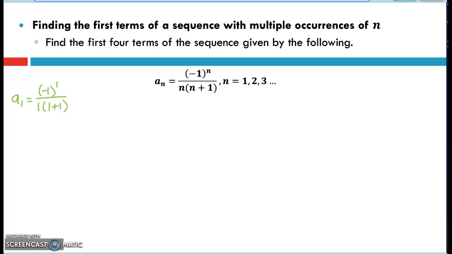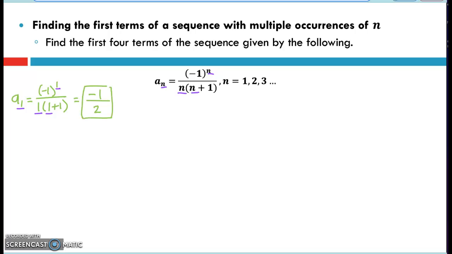So where are n values here? I'll underline them in the original equation, or the sequence here. Let's see, where else do we have one? Right there and right there. So there's my n values. Then I end up with -1 over 1 times 2, or -1/2.